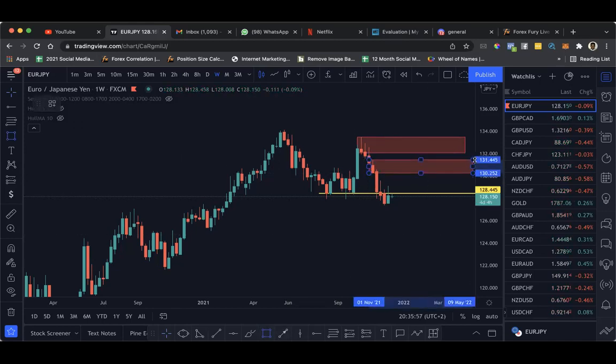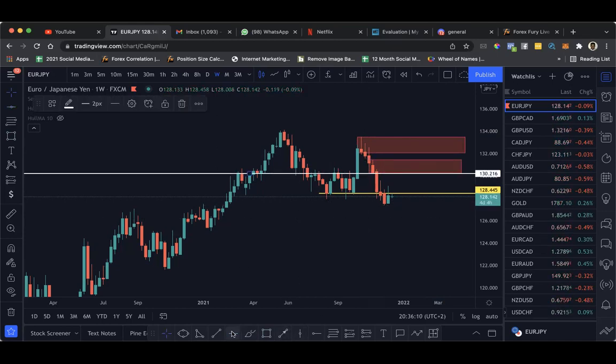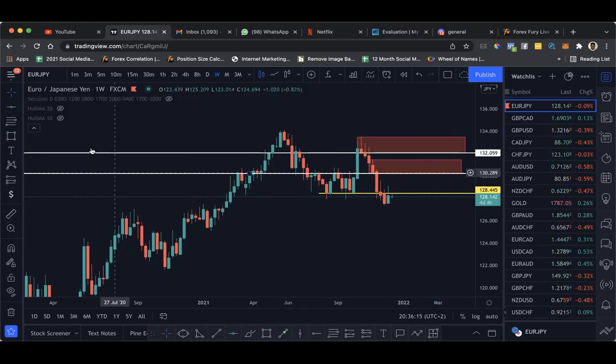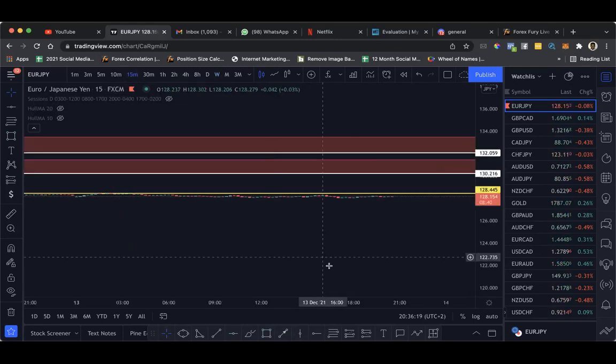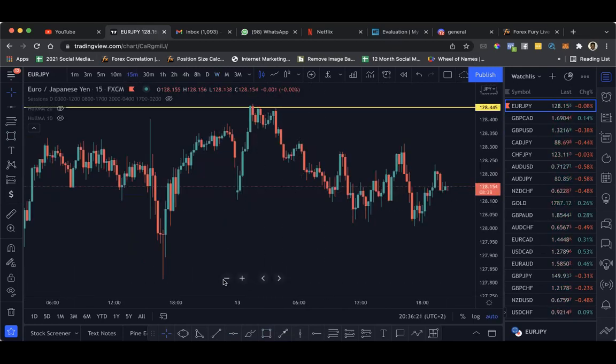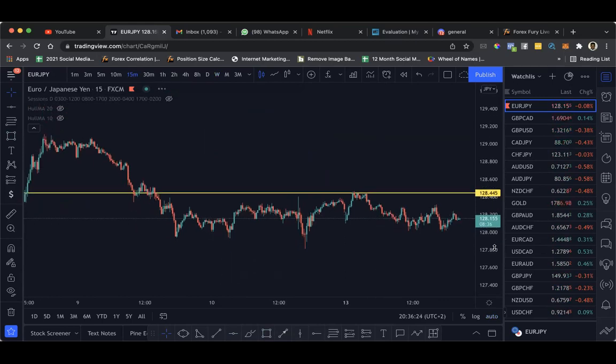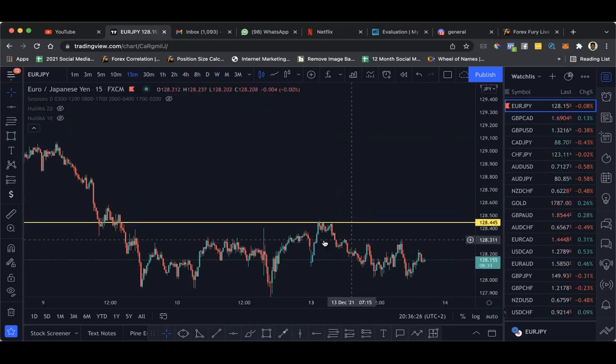So this can be where you put your take profits, if you choose to use your demand and supply. So this can be your first take profit at the proximal line here or here. Good. So let's see if that aligns with what we just did. Okay, it doesn't. But that's a lot of pips that you can catch.